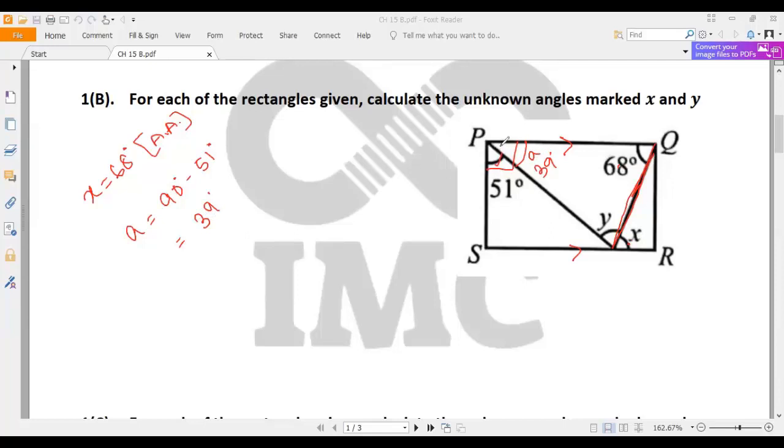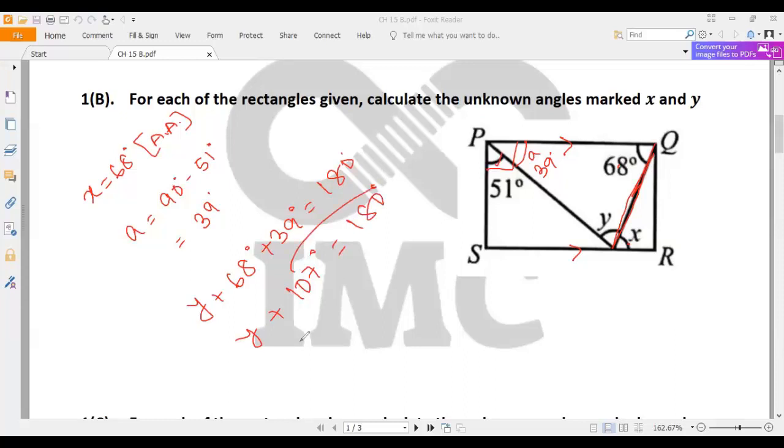If this one is 39, then the sum of these three angles will be 180. So y plus 68 plus 39 will make 180 degrees. Then 68 plus 39 is 107 degrees, so y plus 107 degrees equals 180 degrees.